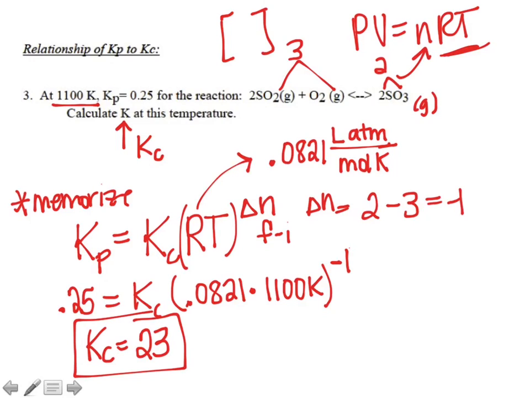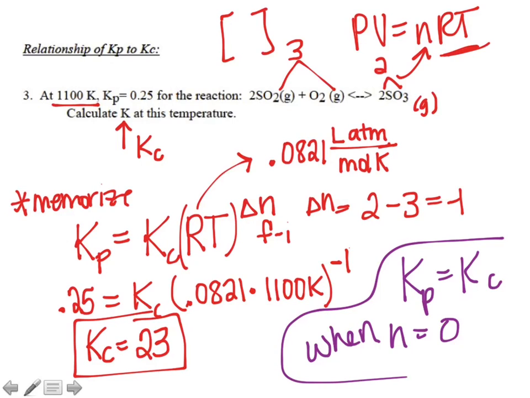Okay, so I'm going to let you guys in on a secret. If N equals 0, then what? Kp equals Kc when N equals 0.